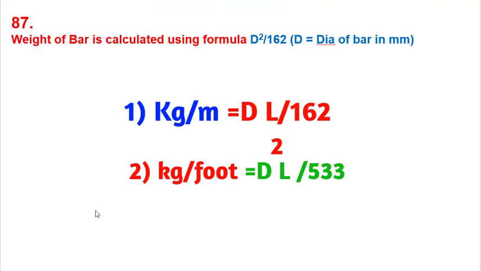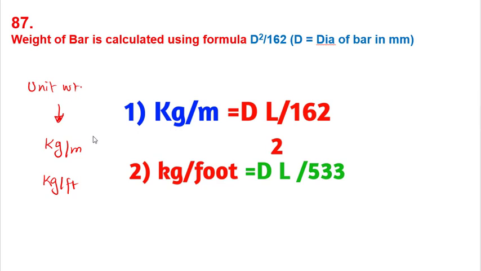So next and last point is, how can you find out the weight of a bar, steel bar, reinforcement bar? So unit weight, right? Unit weight of a steel bar, you can find it by using two formulas. It depends upon the unit. If you are asked to find out the weight in kg per meter, or either you are asked to find out the weight in kg per feet.